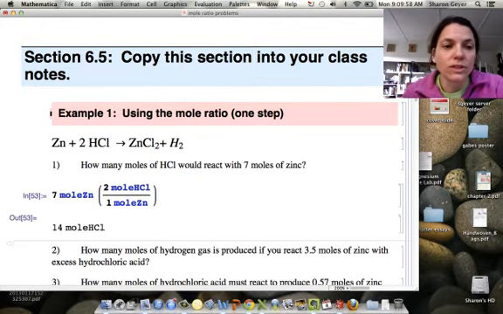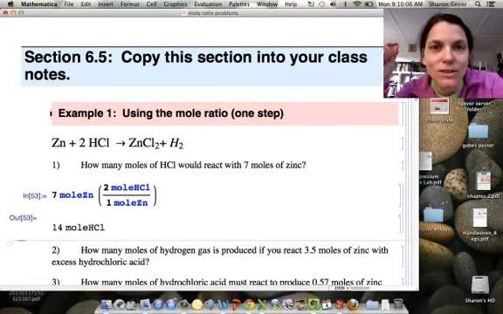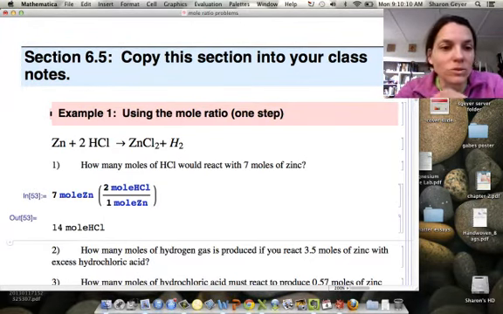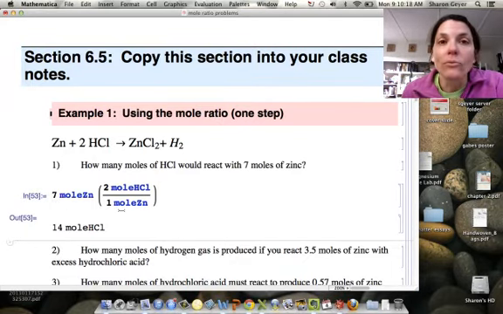Okay, shift return, and there's our answer, 14 moles of HCl, which is what we did in our head anyway. So now you can see that reasoning you did in your head can also be replicated with a systematic approach. All right, so just to recap, the 7 is the number given in the problem. 2 and 1 are the mole ratios. That's from the balanced equation. Those are the coefficients from the balanced equation.